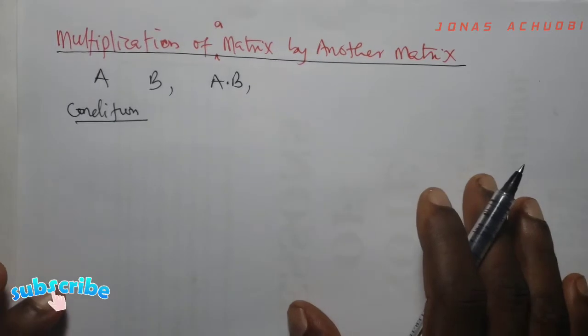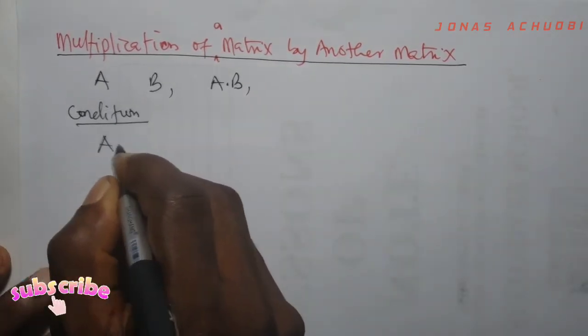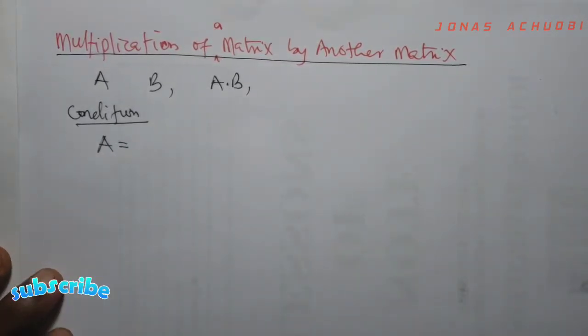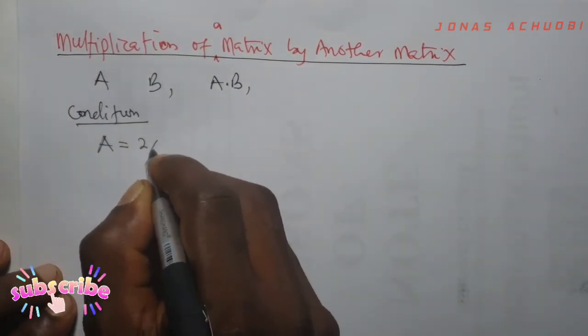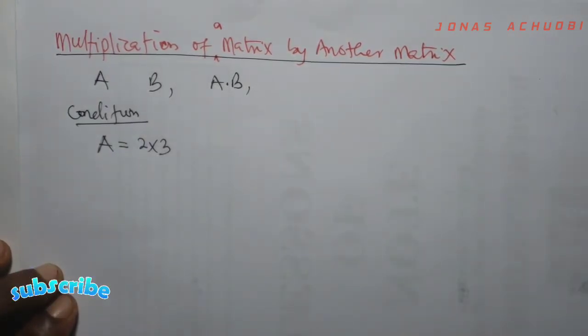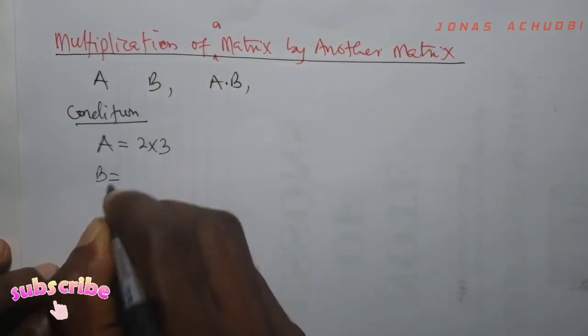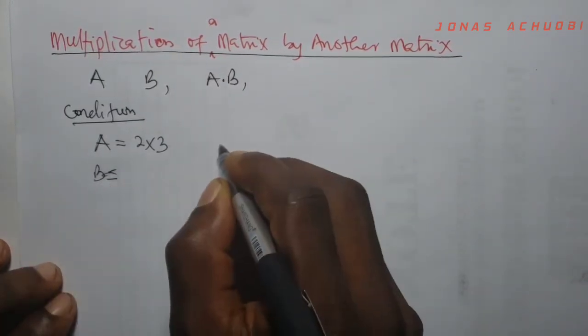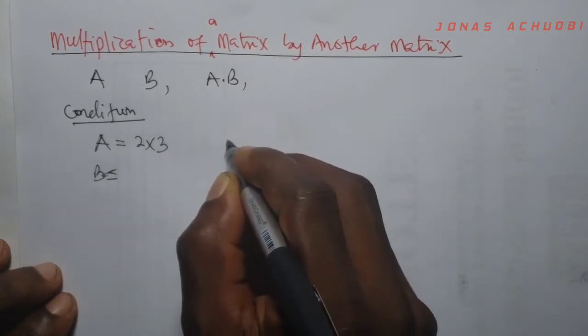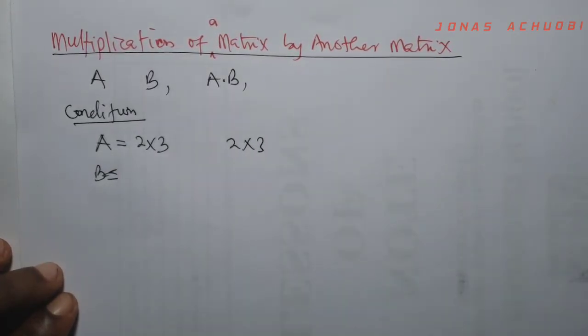Now you pay attention. If matrix A, for instance, I'll give examples later, is a 2 by 3 matrix, and matrix B on the other hand, let me write it here, matrix B is a 2 by 3 matrix also.